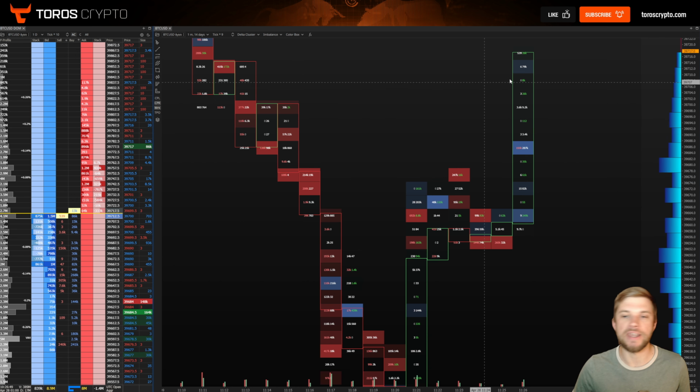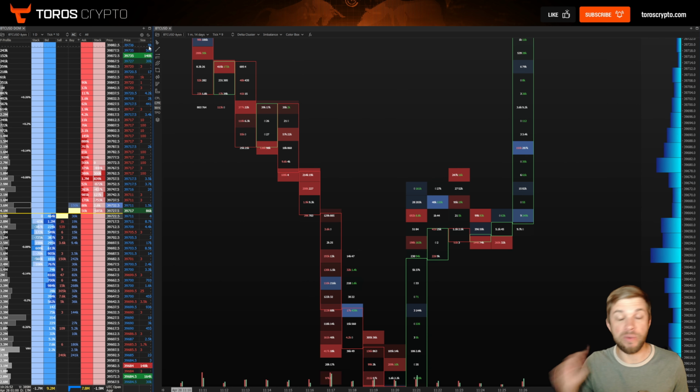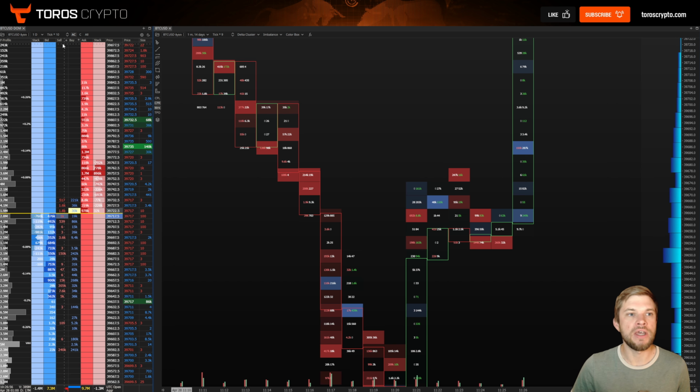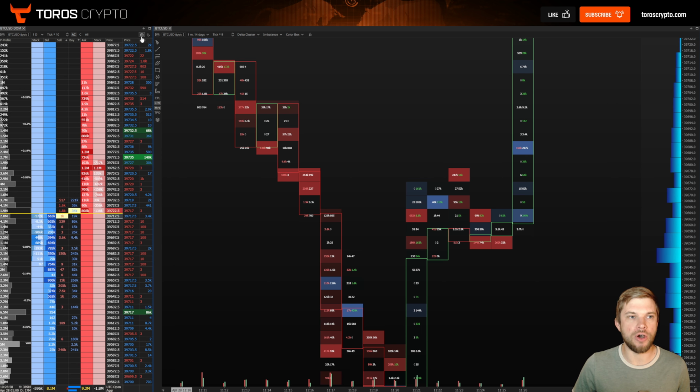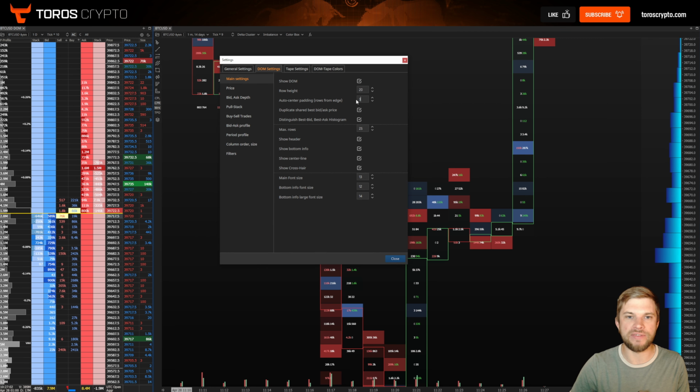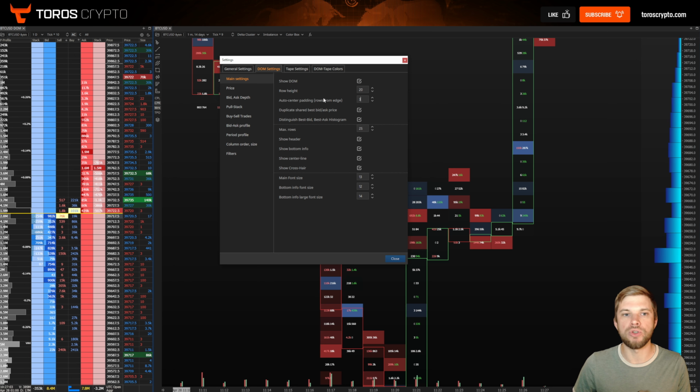Okay, so as standard, one very important thing to mention, and this is just personal preference for myself, is when you do set up the DOM on XOcharts, I think pretty much as default, this goes on to 3, your auto center padding.